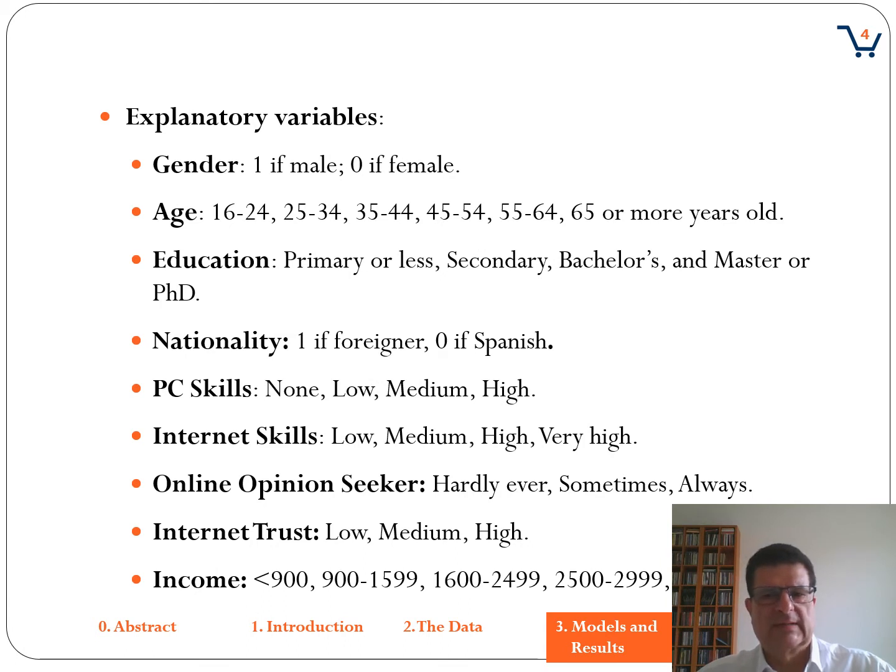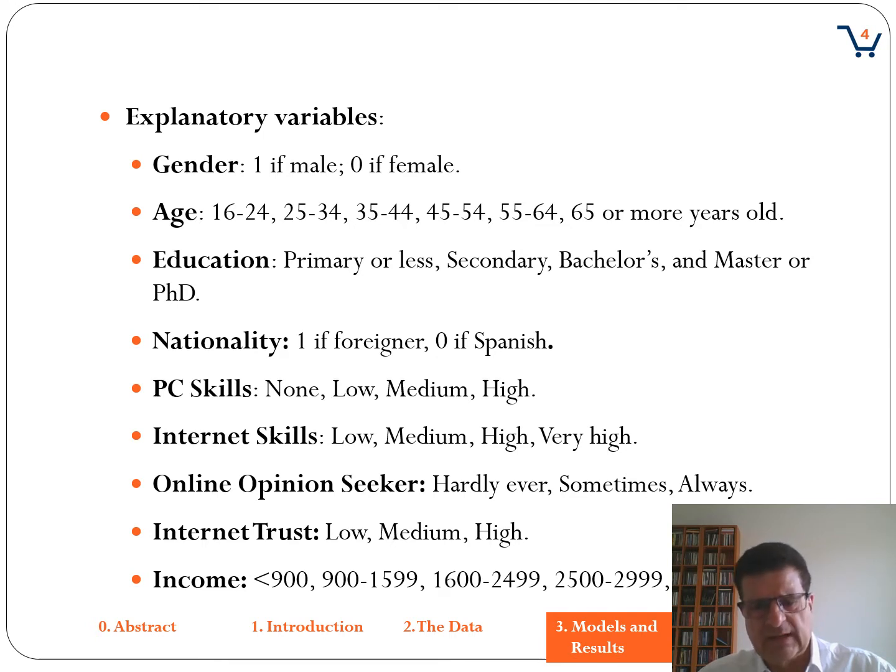Here in transparency number 12, I'm going to show the explanatory variables that we have used in the modeling. First, we are going to use gender, which we code as 1 if it is a male, 0 if it is a female. The age variable has several categories just to allow for nonlinearities and also for ease of interpretation.